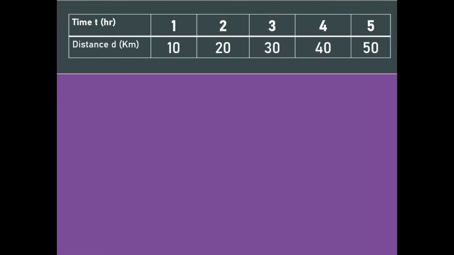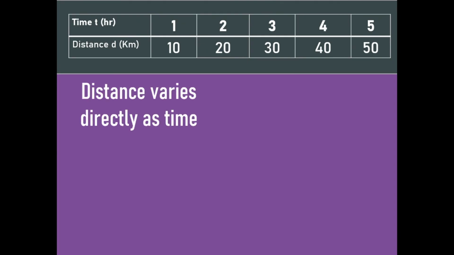Given the table of time and distance, this can be stated as distance varies directly as time, or D equals KT. To solve for K, divide the distance by time, then it will give us 10. Then replace K by 10, so the mathematical equation of this table is D equals 10T.